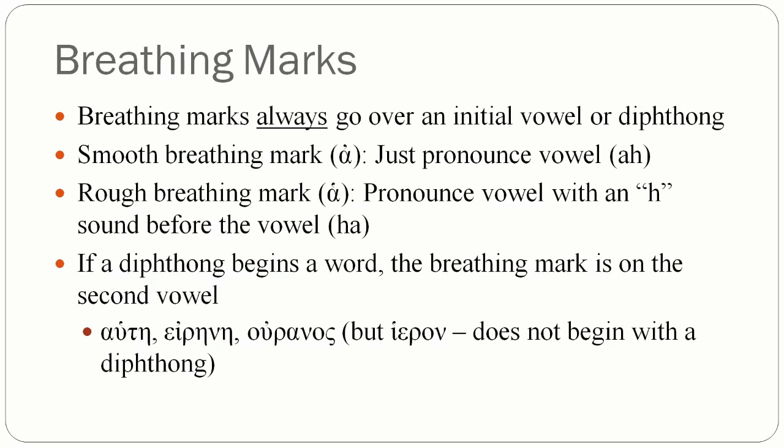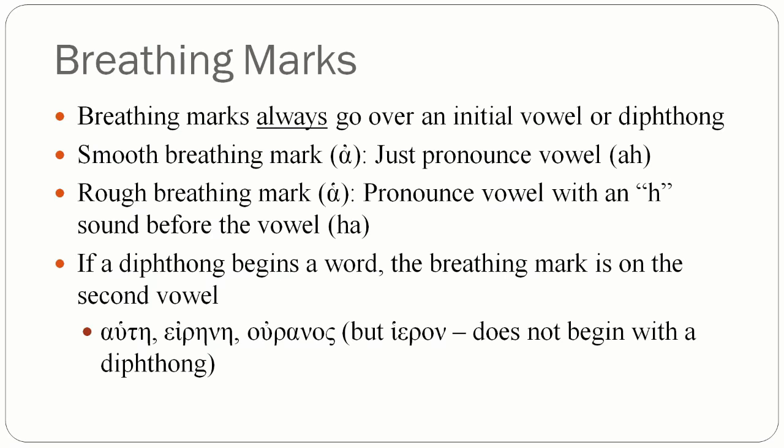Now I've put here on the slide an example. Hieron, this word, it does not begin with a diphthong. If you remember, iota epsilon is not a diphthong, and so you'll notice that the breathing mark comes only on the iota. Because this is not a diphthong, it will only appear over that first vowel, and the way you pronounce this is the iota epsilon are separated.